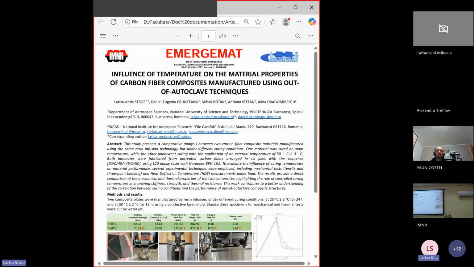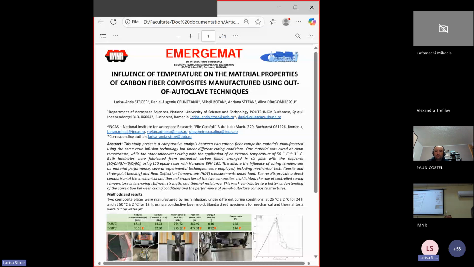In the second case, we used a conductive layer mold. Then we prepared the standardized test specimens by water jet cutting and conducted the tensile test, 3-point bending test, and the heat deflection temperature measurements.